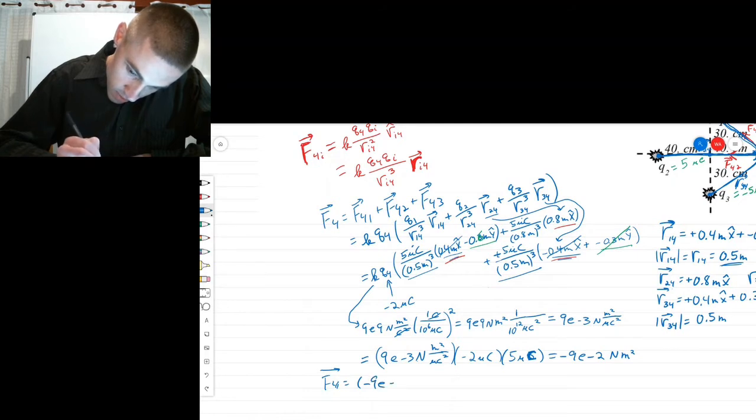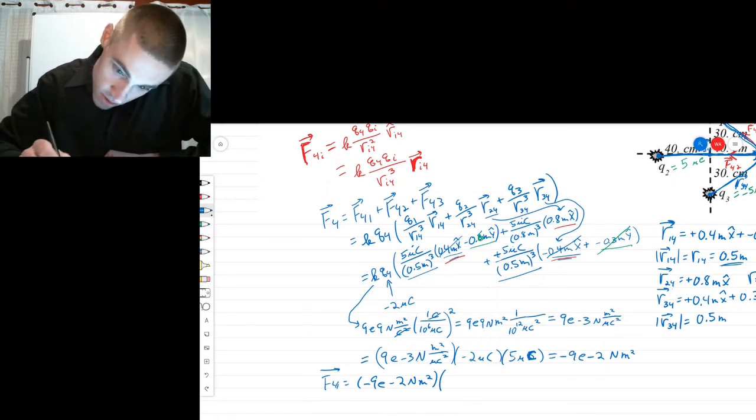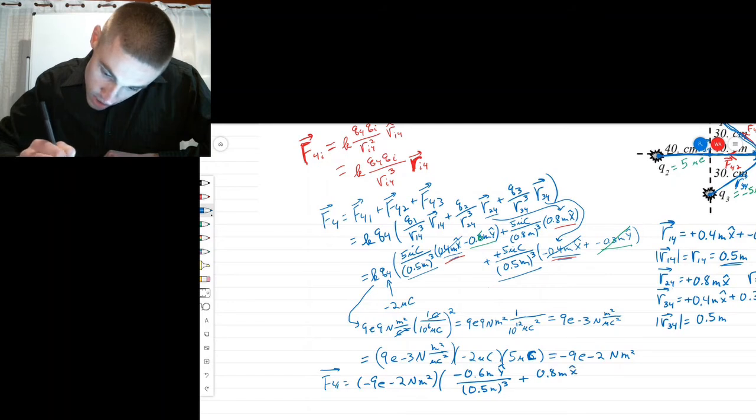So the force is equal to negative 9 times 10 to the minus 2 Newton meters squared times, and then only the distances remain on the inside of these parentheses here. So there's a minus 0.6 meters y hat divided by 0.5 meters to the third power in that first term there. The second term is just going to have a 0.8 meters x hat divided by 0.8 meters to the third power in the denominator.